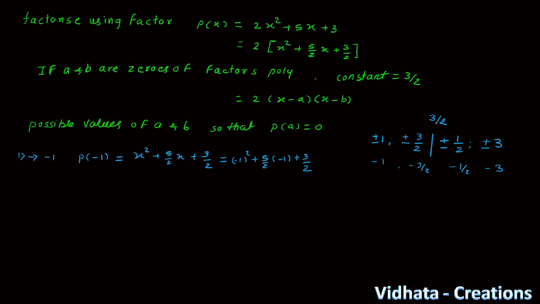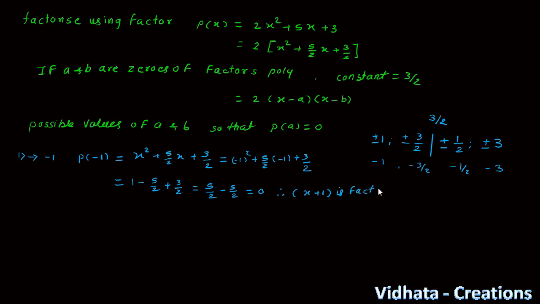That will be equal to 1, and minus 5 by 2, plus 3 by 2. If you add 1 and 3 by 2, you get 5 by 2, and here this is -5 by 2. The answer is equal to 0. As the value of the polynomial is 0, you can say that x plus 1 is a factor.